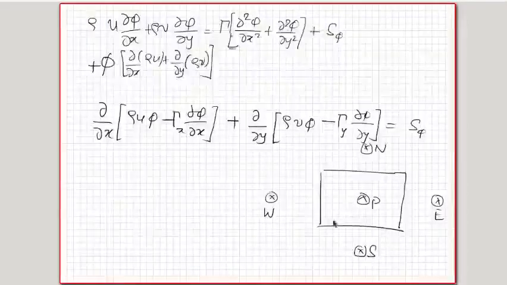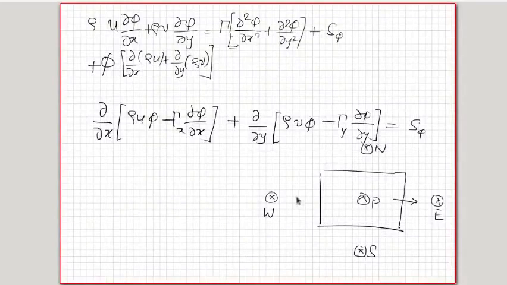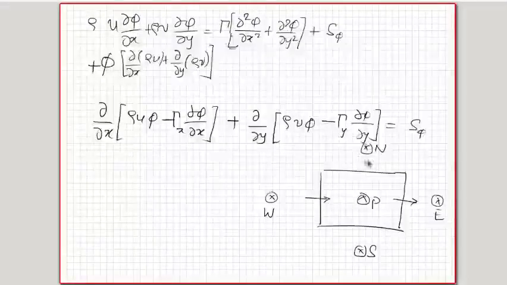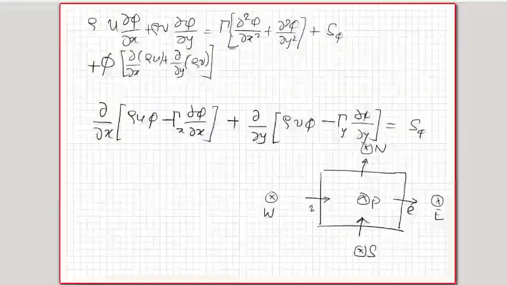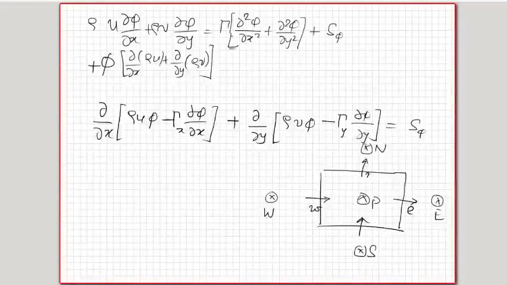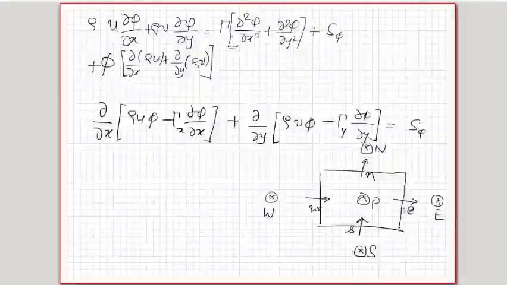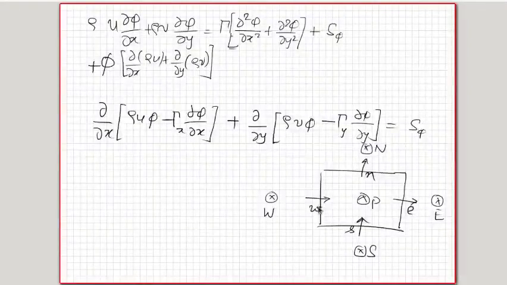In 2D, there are 4 neighbors, east, west, north, south, and the control surfaces I'll write using the small letters, and say that the velocity components are marked here. So this is small e, small w, small n, and small s. Now this will be ue, uw with a small ue, small uw. This is the way the control volume is going to look.